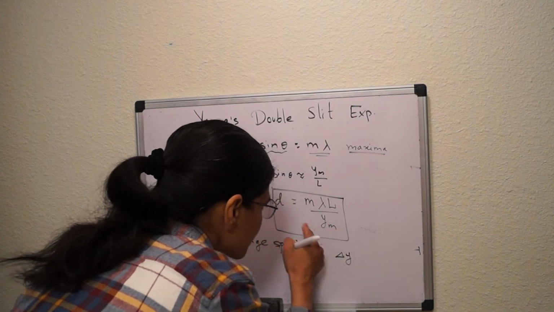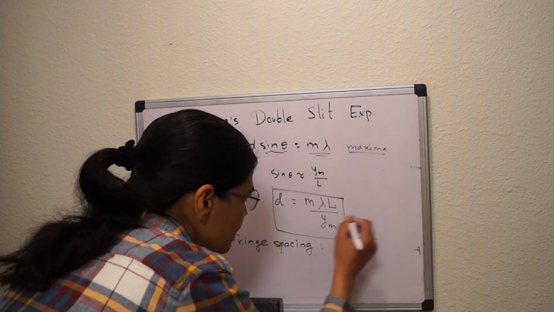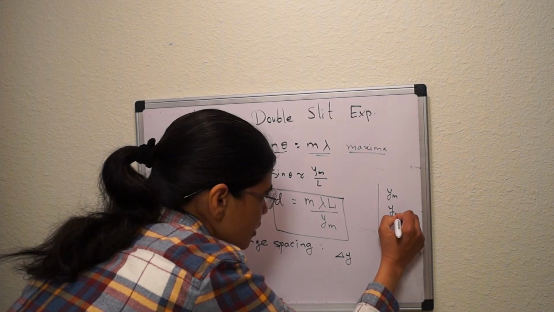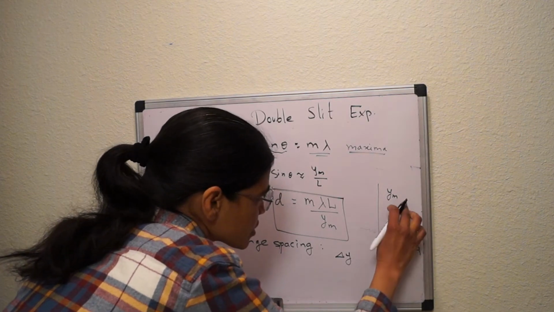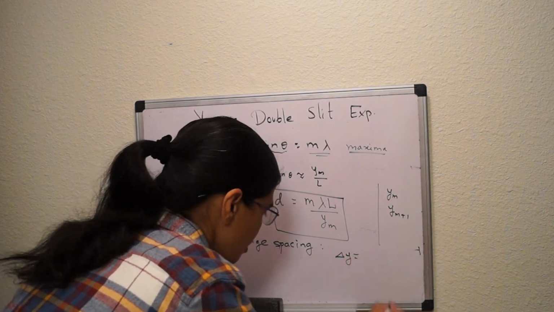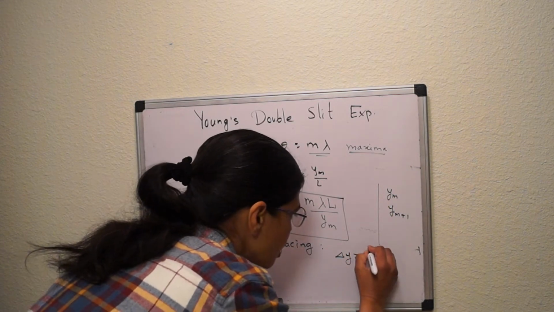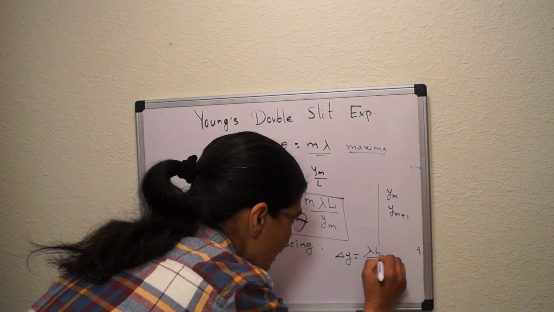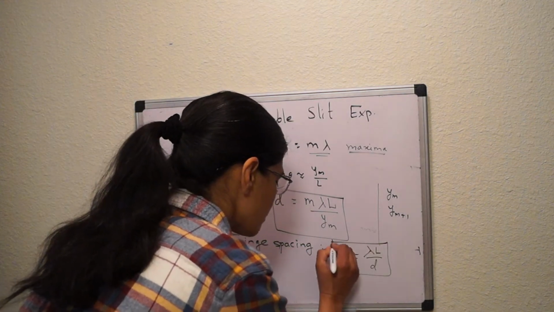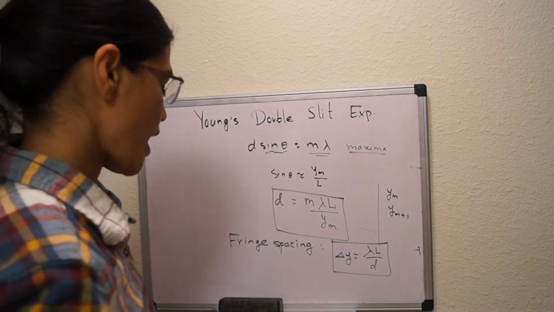Basically, we looked at the equation for Ym, and also the equation for Y m plus 1, and then we took the difference between these two equations, and we ended up with delta y equal to lambda L by D, okay? So that was the fringe spacing, lambda L by D.